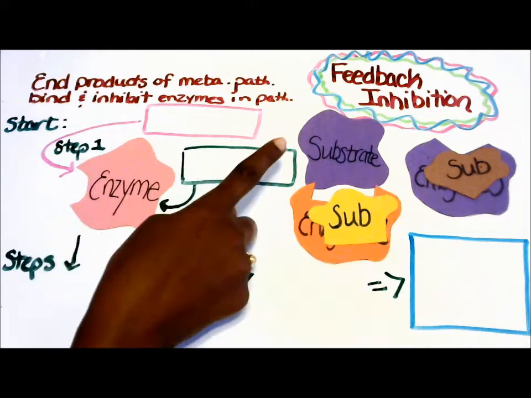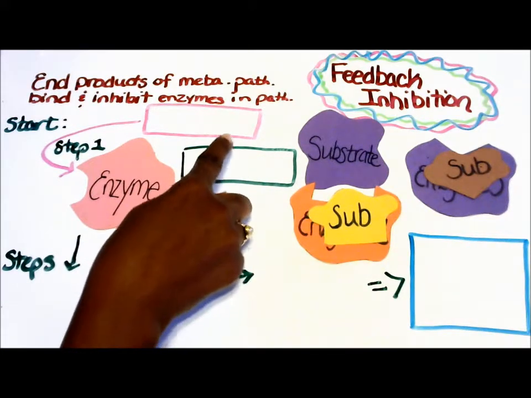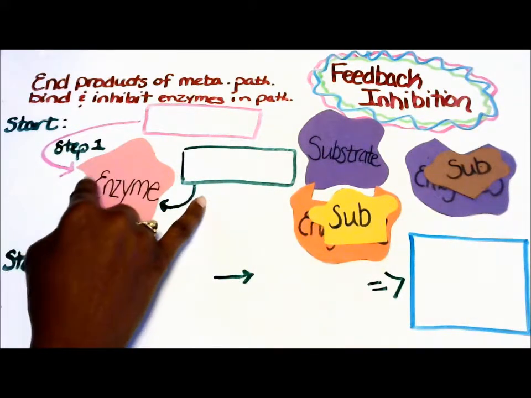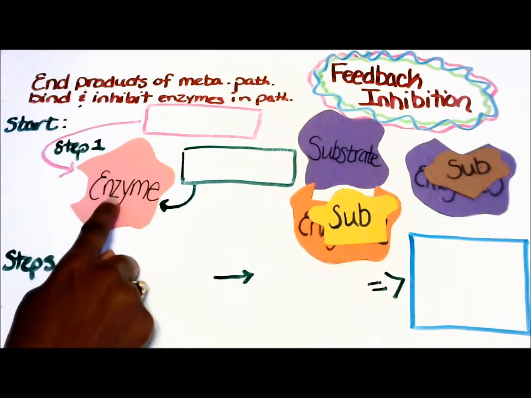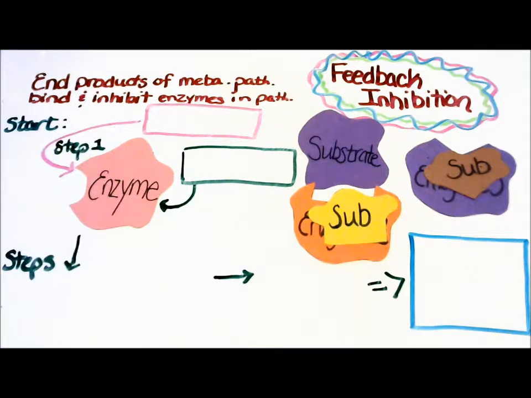So what I want you to do is to label these sites. What are the names of these sites? What binds to the enzyme in step number 1?